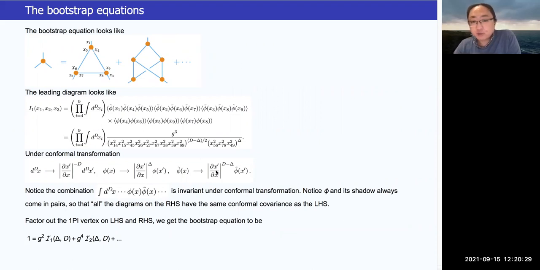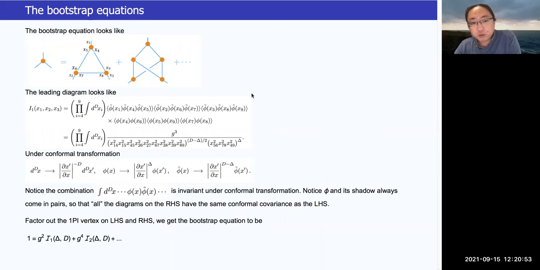On the other hand, the shadow field transforms with d minus delta. So altogether, this combination is invariant under conformal transformation. This means that the integration at x5, x4, or all the intermediate coordinates, is invariant under conformal transformation.